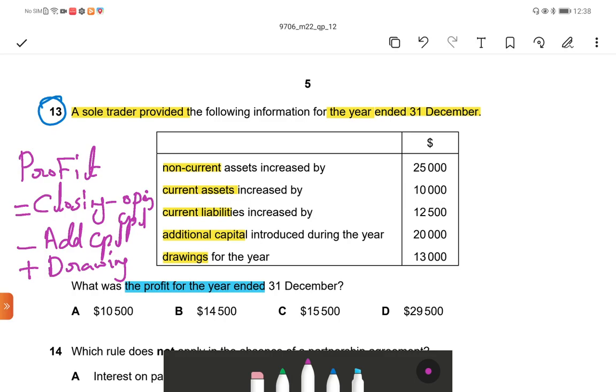So we have to take capital as non-current asset plus current asset minus current liability, which is equal to net capital. Non-current asset increased, so plus, current asset minus current liability. Then minus additional capital, while drawing we will add. So plus drawing. So what is the total?